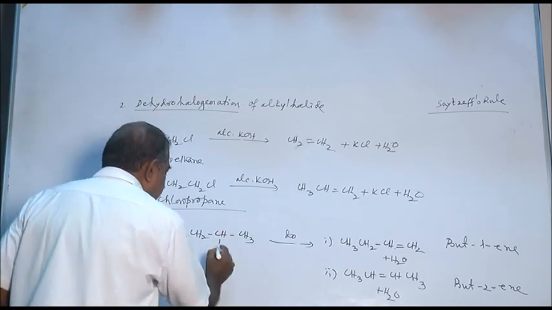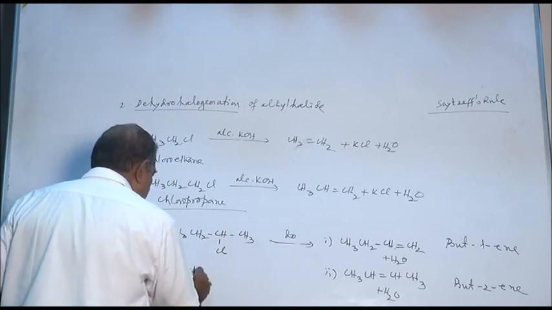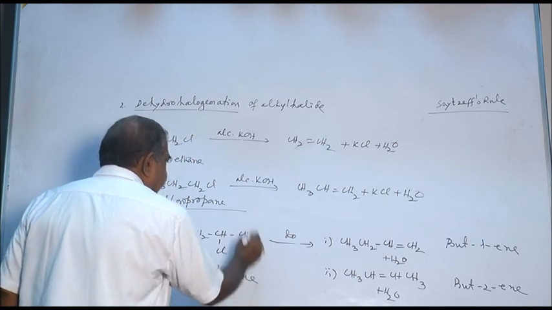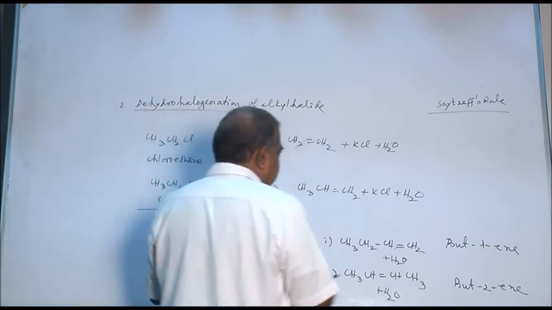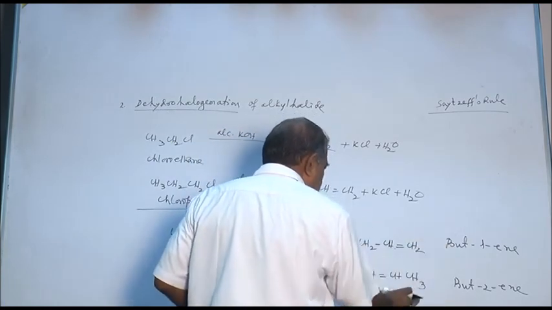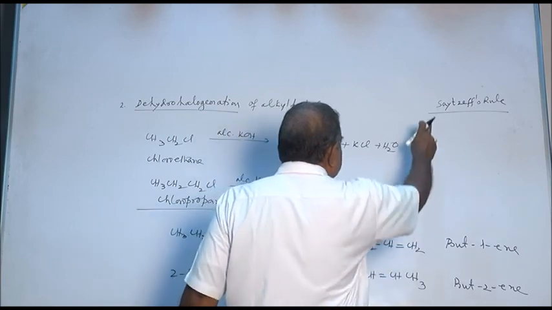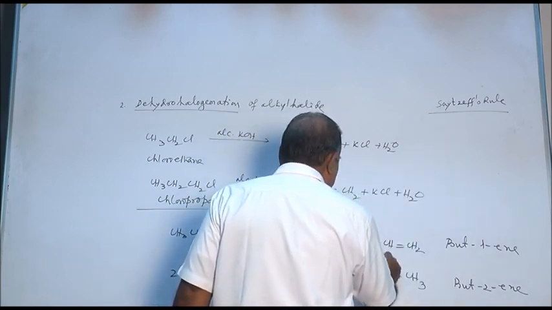But if one of them is secondary or even tertiary, I have taken here 2-chlorobutane. When treated with alcoholic KOH, here also you will get but-1-ene and but-2-ene, and which one will be the more or less is decided by Saytzeff's rule. Plus you are getting potassium chloride and water here.